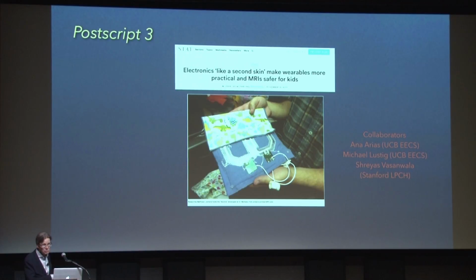By having flexible coils, they believe they can further accelerate in a complementary and additive way above whatever you could do by compressed sensing. They are working at a company now called NK-Space, together with Professor Ana Arias, who develops flexible electronic circuits at UC Berkeley in the EE department.